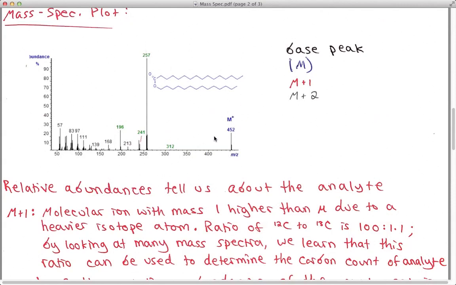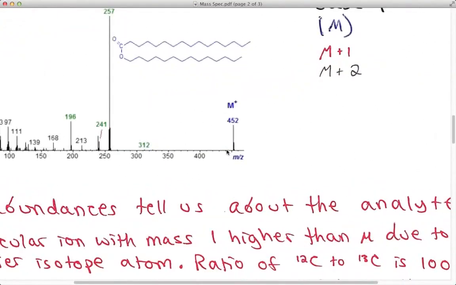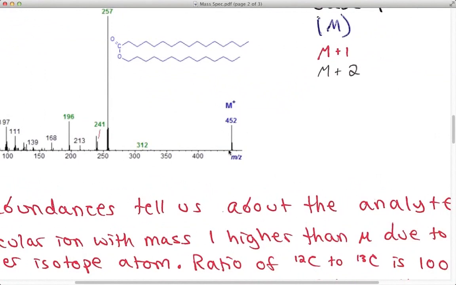M, we've gone through already what M is. M plus 1 will be 1 to the right of M. M plus 2 will be 2 to the right of M. Due to the fact that this is a complex molecule that leads to a complex mass spectrum, the x scale here is relatively large, and for that reason it's hard to differentiate M from M plus 1 and M plus 2.